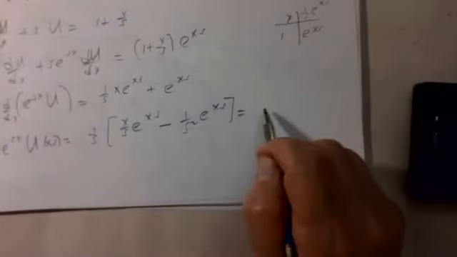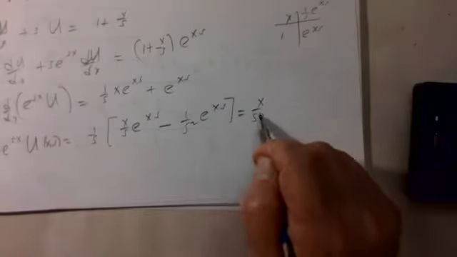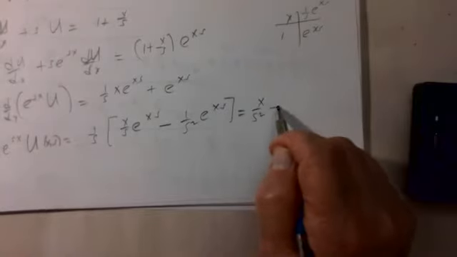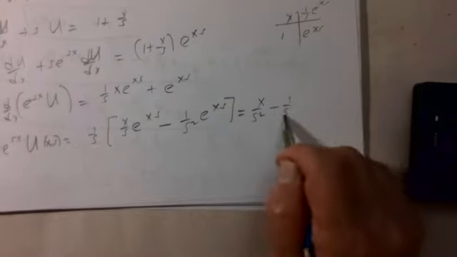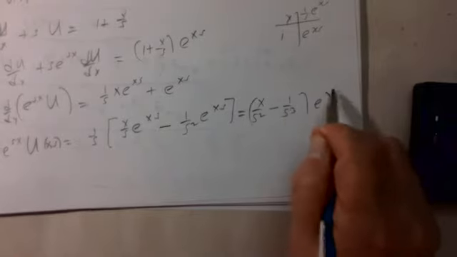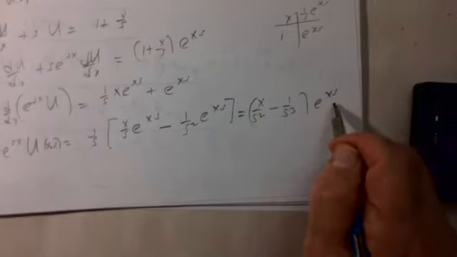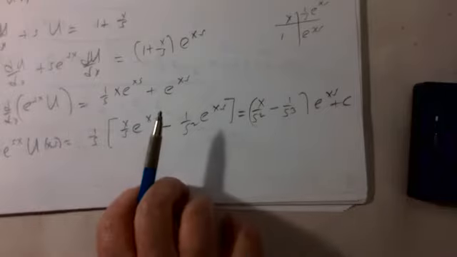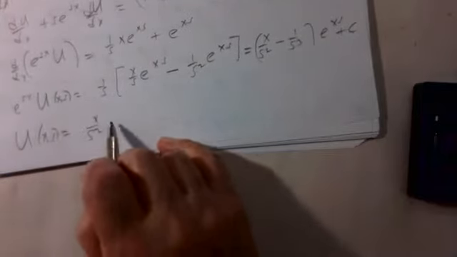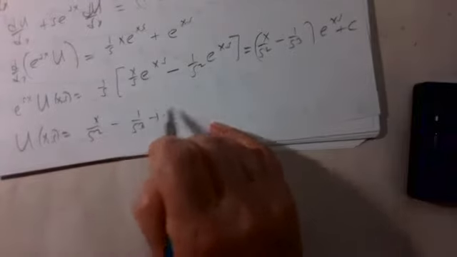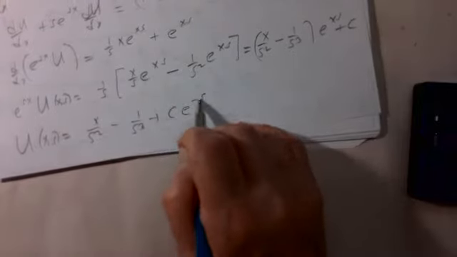So this is equal to x over s squared minus 1 over s squared times s minus 1 over s cubed e to the xs, plus a constant. If I divide by e to the sx, I get u of xs is equal to x over s squared minus 1 over s cubed plus c e to the minus xs.